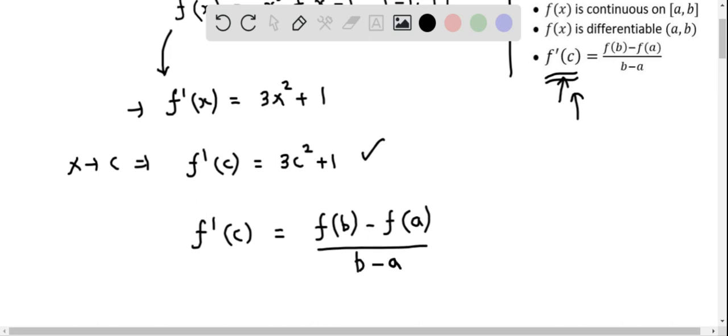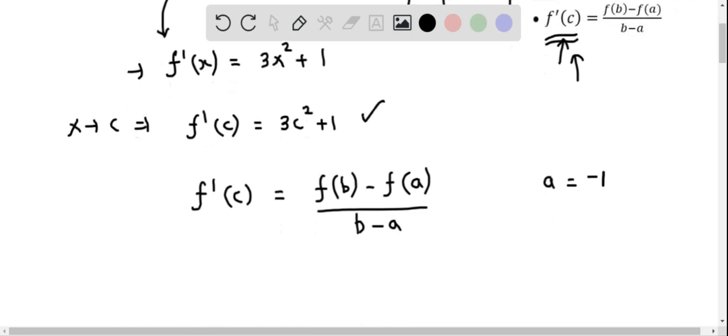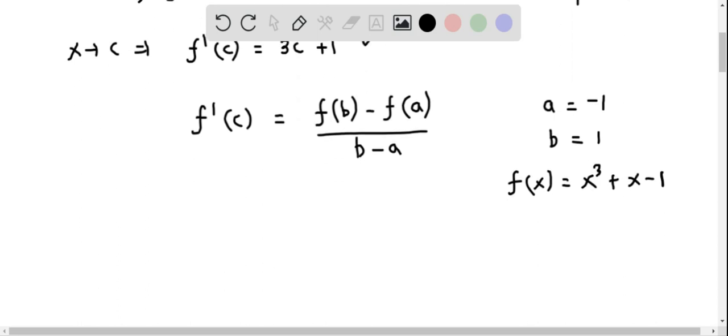Let's identify a and b so that we can determine f of b and f of a. In the interval, the first value is a, and the last value is b. So a equals -1, and b equals +1. And let me also copy f of x, which equals x cubed plus x minus 1.